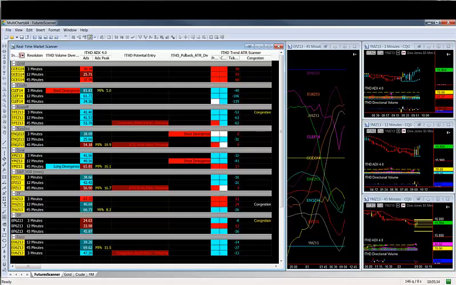Okay, the next column is the Pullback ATR Divergence. Okay, and the Pullback ATR Divergence tells me whether I have potential divergence at an ATR. Okay, so right now you see that you're getting a short divergence on the 3-minute chart, you're getting a short divergence on the 12-minute chart, and really, actually, that's about it right now.